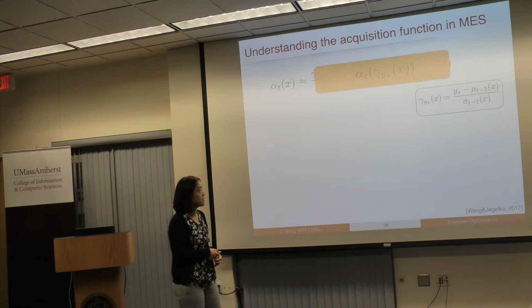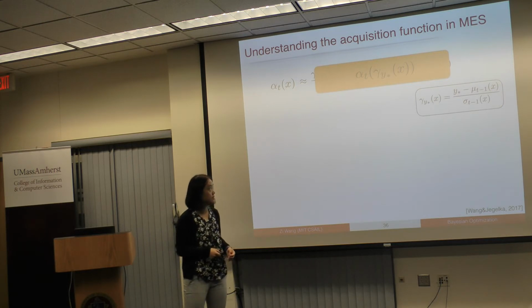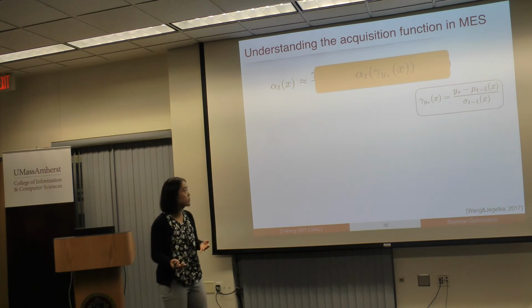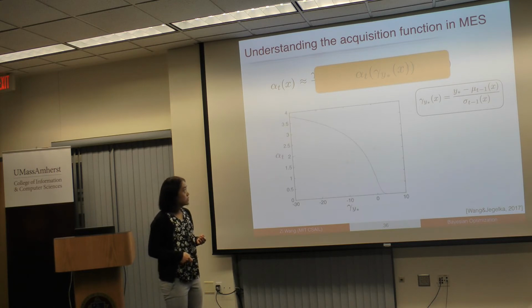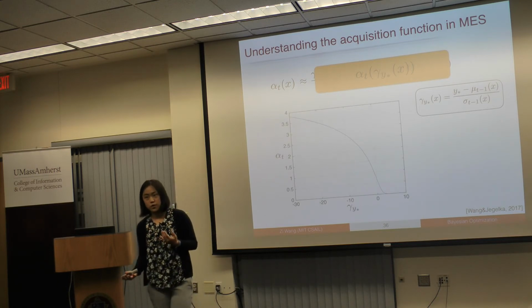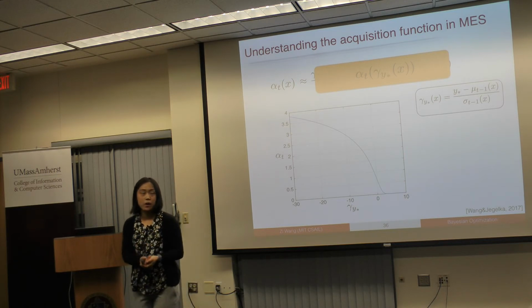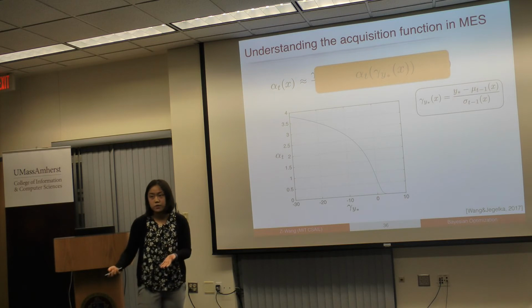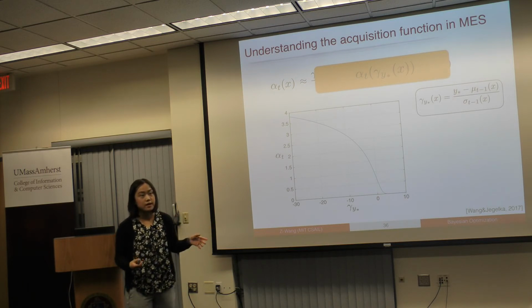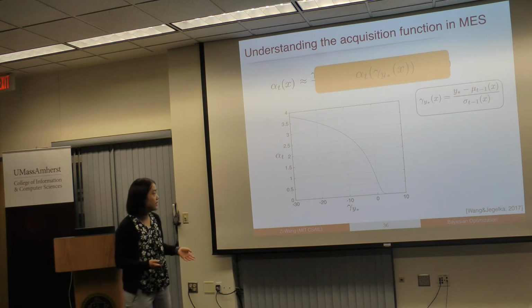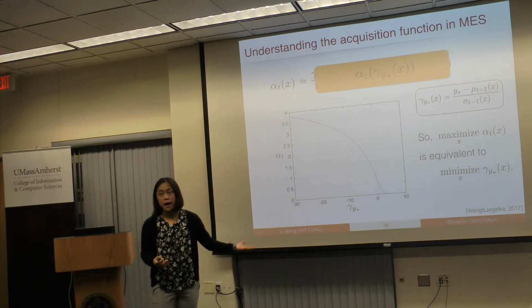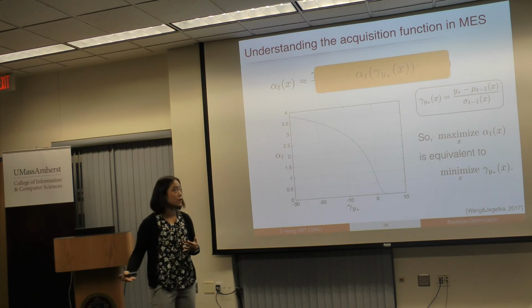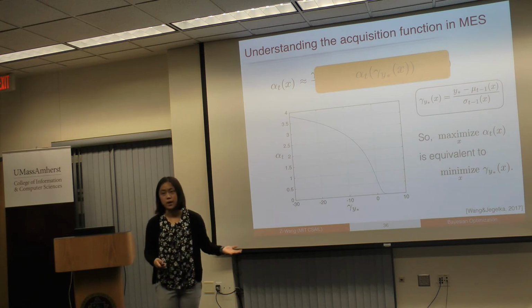So you can view the gamma y star of x as this y star minus mu t minus 1 of x divided by sigma t minus 1 of x. And if we look at our acquisition function as a function of the gamma y star, what we observe is that it's in fact a function that's monotonically decreasing for the input. So what this means is that maximizing our acquisition function is essentially equivalent to minimizing the gamma y star of x.